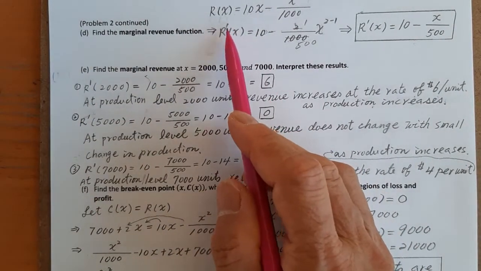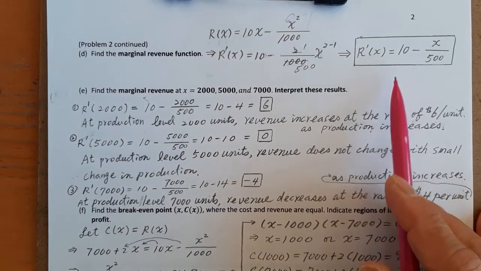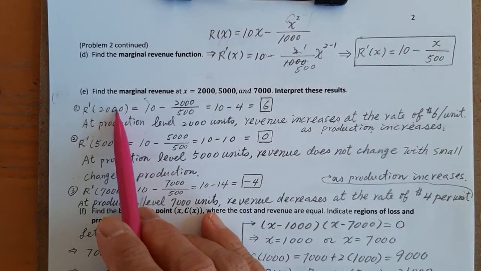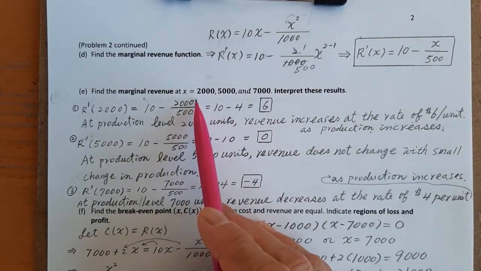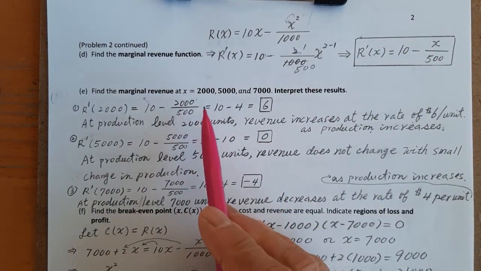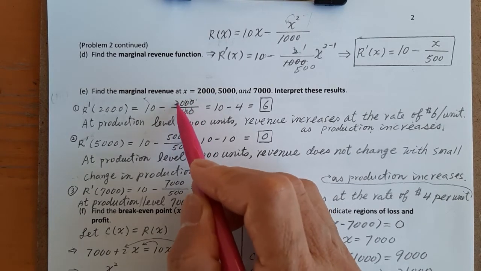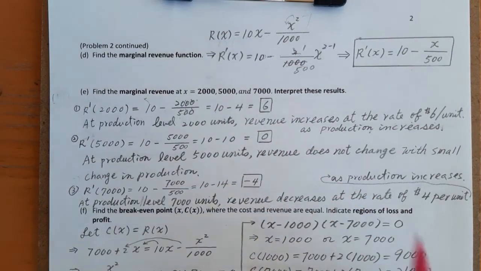R prime of x is from D, is this one, and use 2,000, plug in, and get 10 minus 2,000 over 500, and cancel 2, 0. 20 divided by 5 get 4. 10 minus 4 get 6.